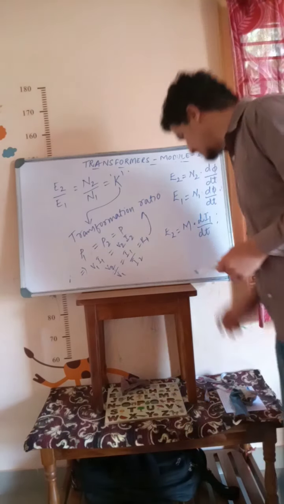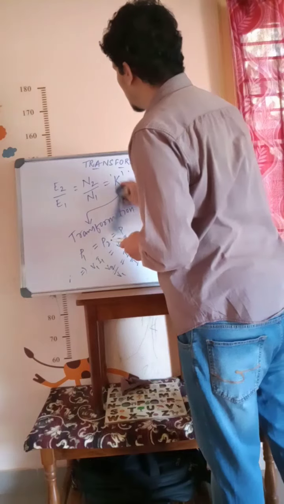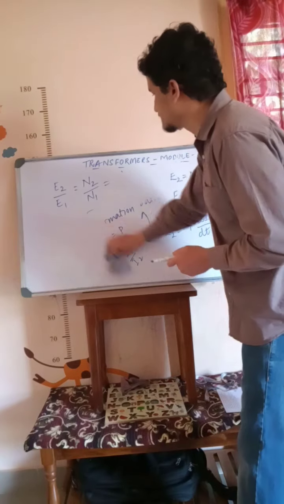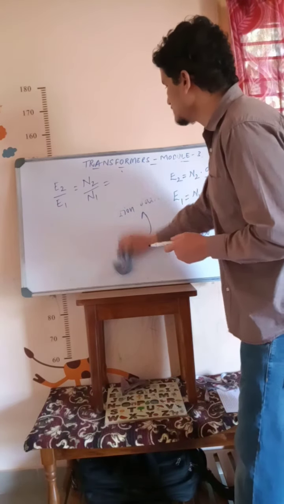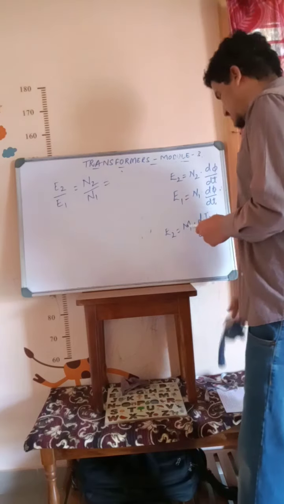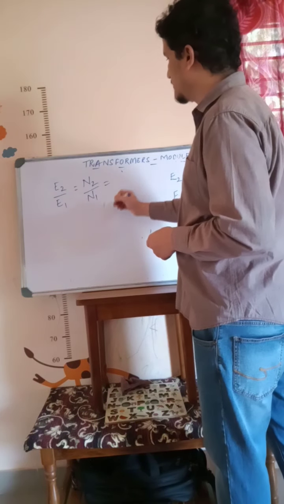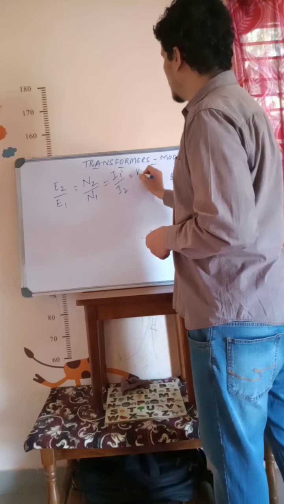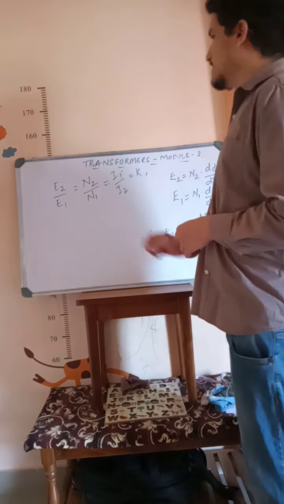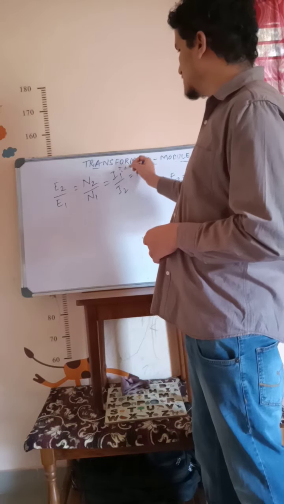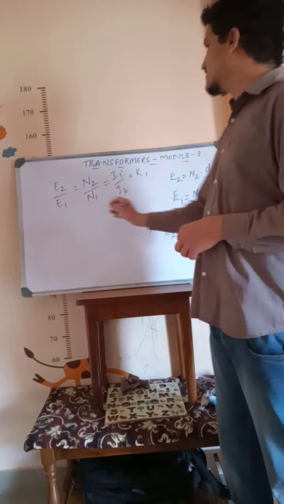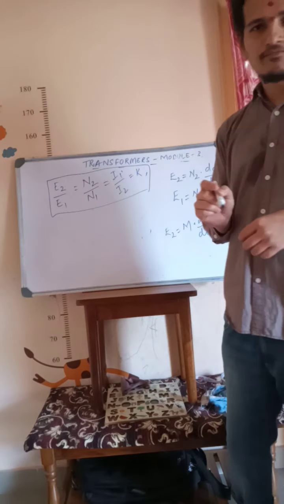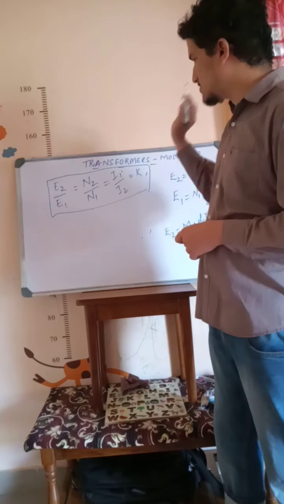So the complete equation can be written like this now. For the transformation ratio, E2 by E1 is equal to N2 by N1 is equal to I1 by I2 is equal to K. So this is the complete transformation equation K. This is the transformation ratio.